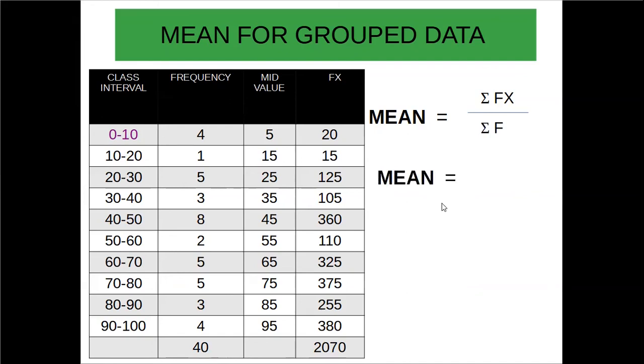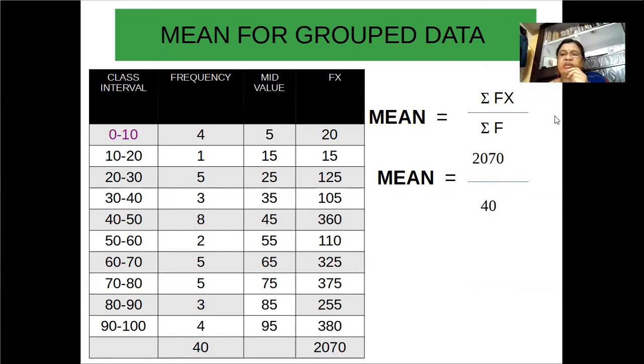See, so mean, so when you add all these fx, you'll get the sum as 2070. And when you divide with the frequency, what is the sum of the frequency? That is 40.